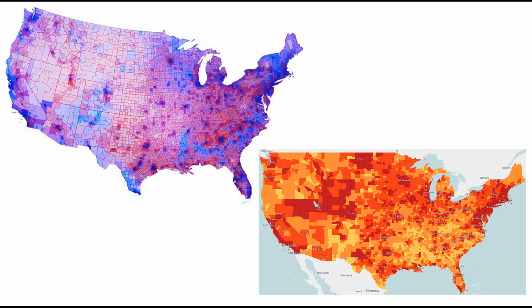There seems to be, but you can also notice along the coasts of California, very high median household income, and predominantly blue, especially up here in Seattle. Very high median household income, but they also seem to vote Democrat. Same with the East Coast. But we can also see some patterns in the South and so forth. So there seems to be maybe a little bit of a correlation there.